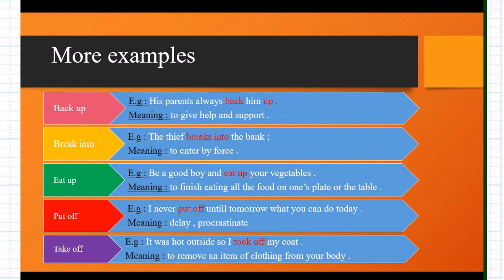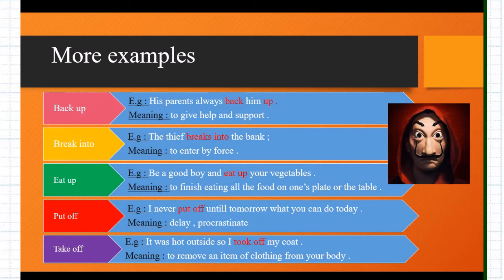So they want to break into the bank in order to steal money. Eat up. Be a good boy and eat up your vegetables. So it means to finish eating all your food on your plate.